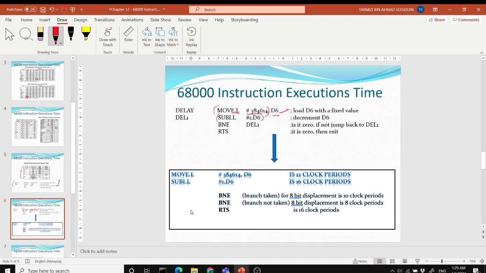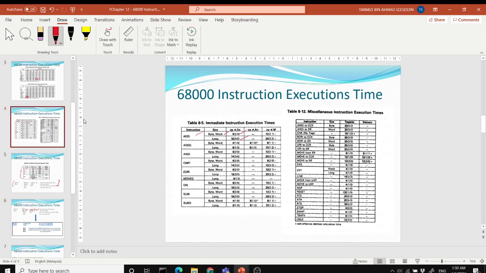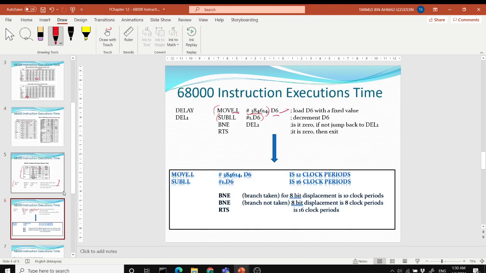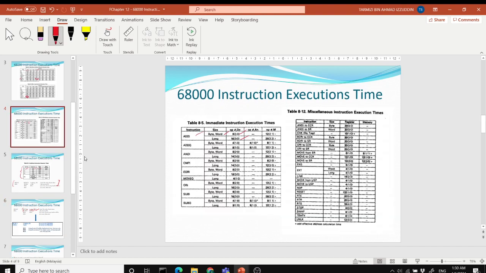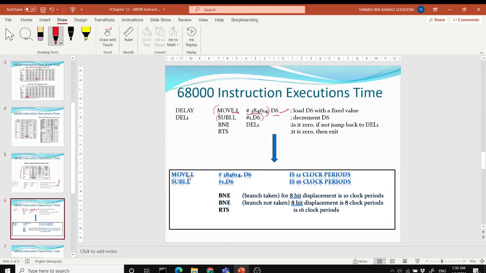What is the next command? Sub I long word 1 from a data register. So sub I, sub immediate. How many clock cycles are required for that purpose? 16. So how do you get 16? You see, you are executing a long word, so you need 16 clock cycles to execute this particular instruction.